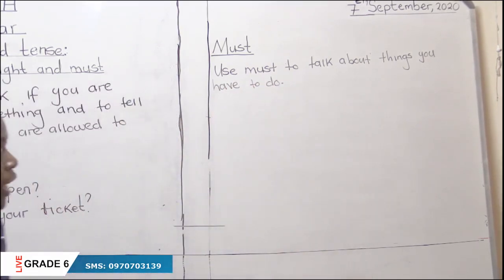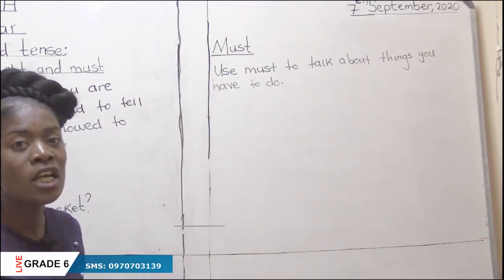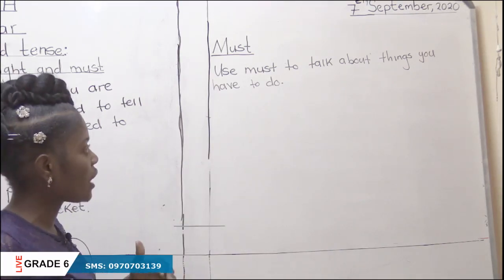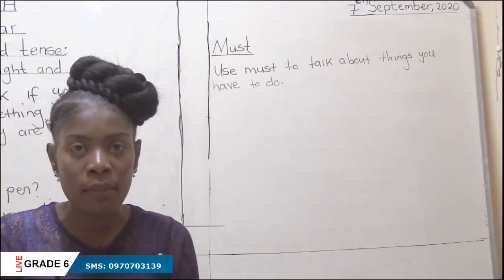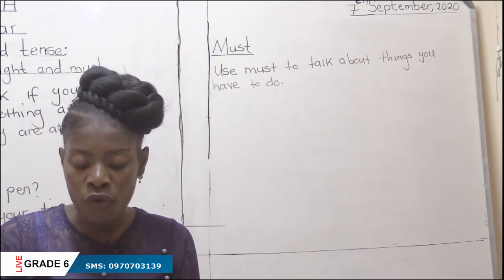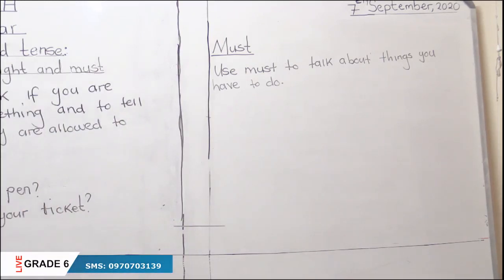So boys and girls, I'm saying use must to talk about things you have to do. We use the word must to talk about the things that you have to do. Boys and girls, if you've got any question, you can SMS me on this line 0970703139. Remember, I'm still waiting for the third example here on how to use the word may.